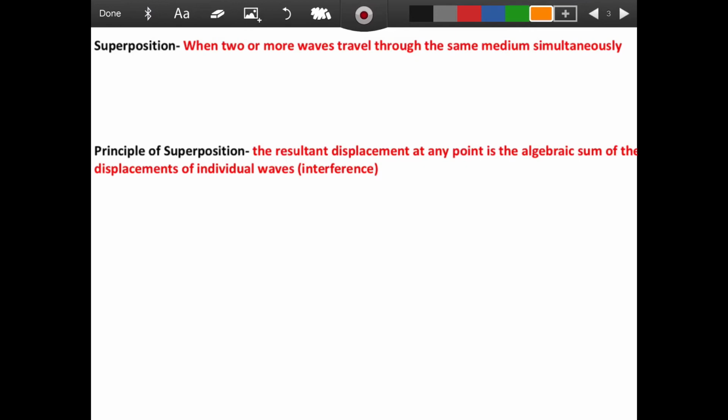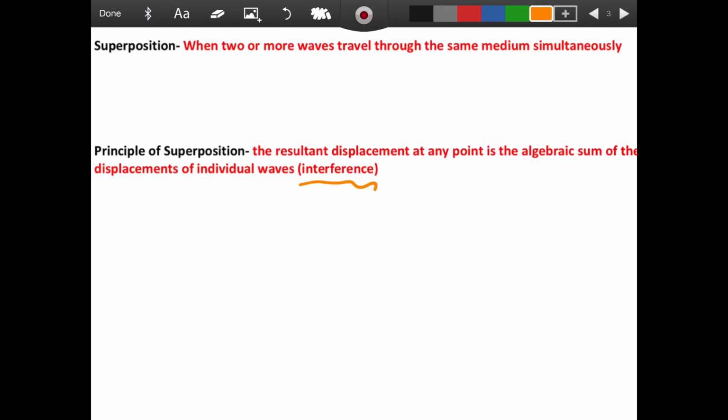And it is true that really an infinite amount of waves can interfere. We are only going to focus on two at a time. And the principle of superposition states that the resultant displacement at any point is the algebraic sum of the displacements of individual waves. And this is going to be known as interference.